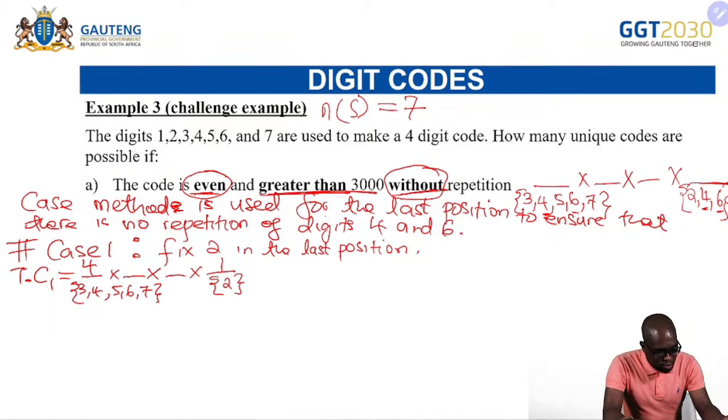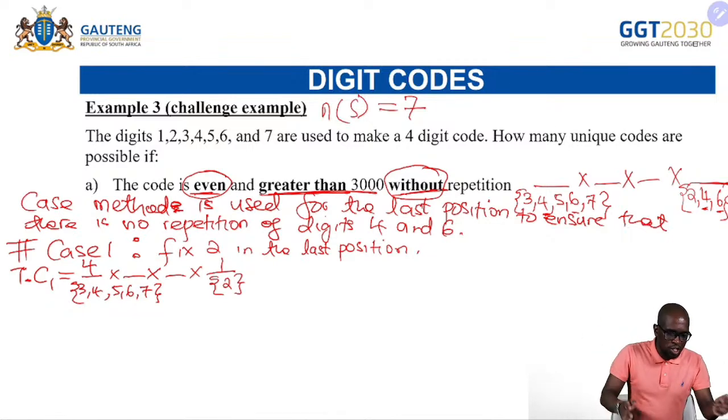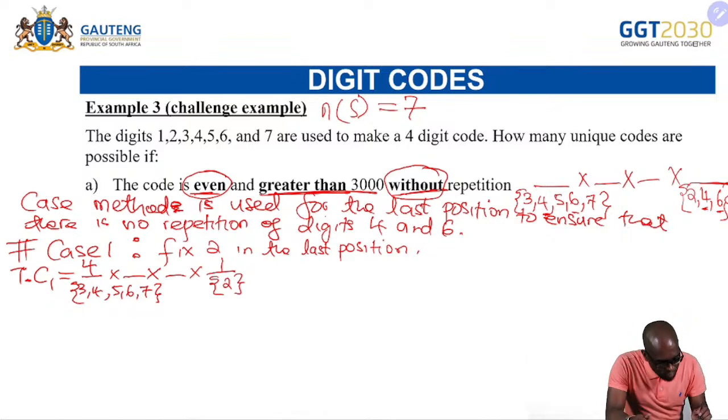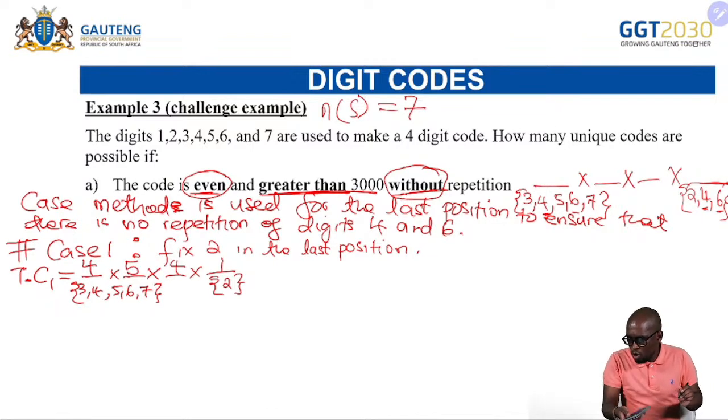Now, as I continue with this, I check now. I've used 2 digits already. I've used a 2 in the last position, and I've used 1 out of the 4 options in the first position. So out of 7 numbers, I've already used 2, which means that I'm left with 5. So here I'll be having 5 options, and then here I'll be having 4 options.